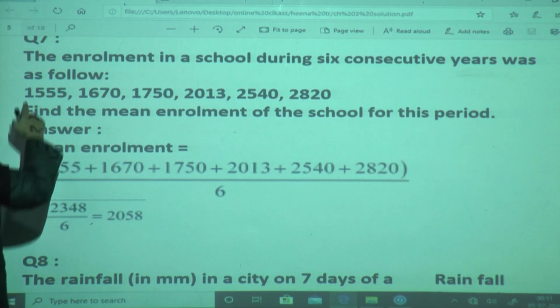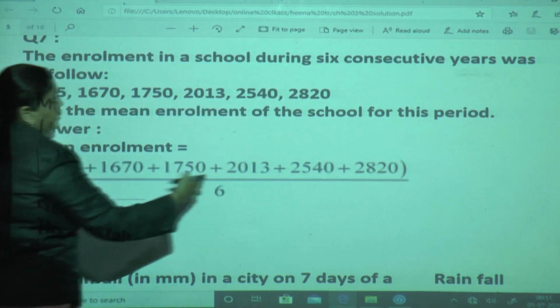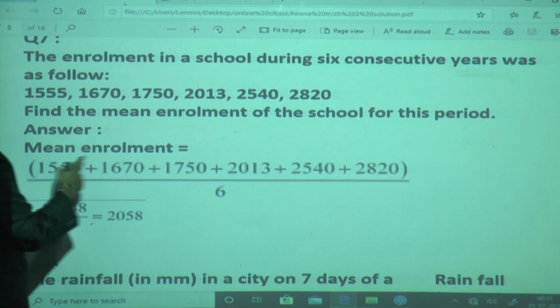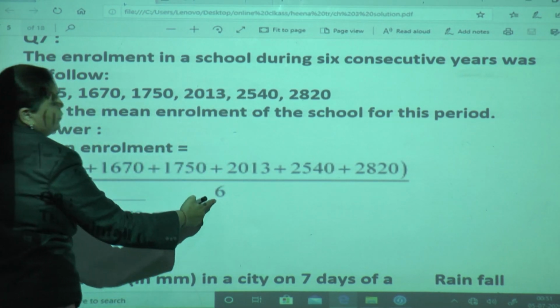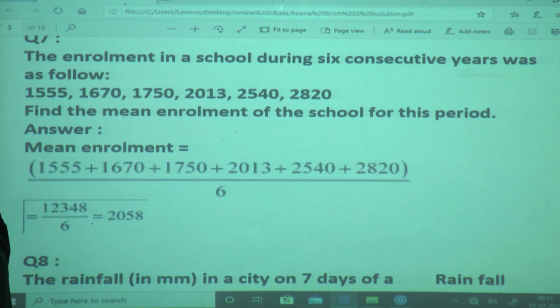Sum means we have to do the total of these. Then we substitute the values, and from the question itself we can say it is 6 consecutive years, so the number of observations is 6.